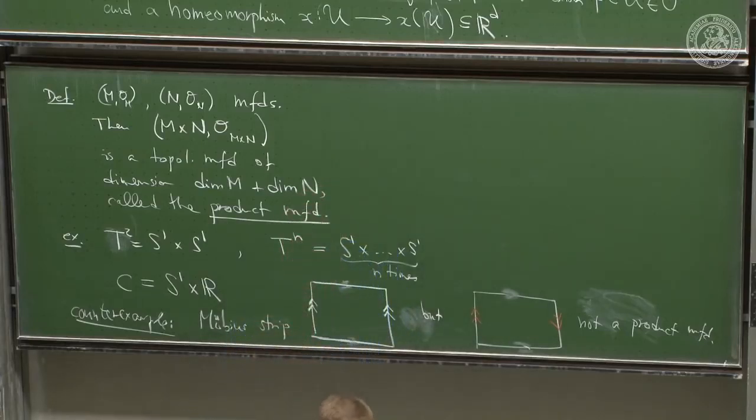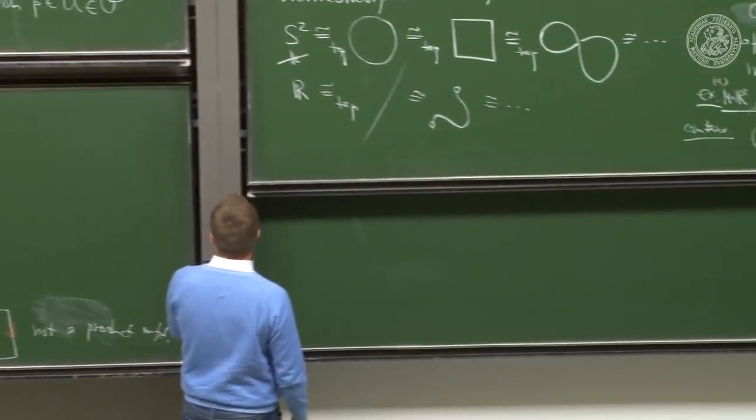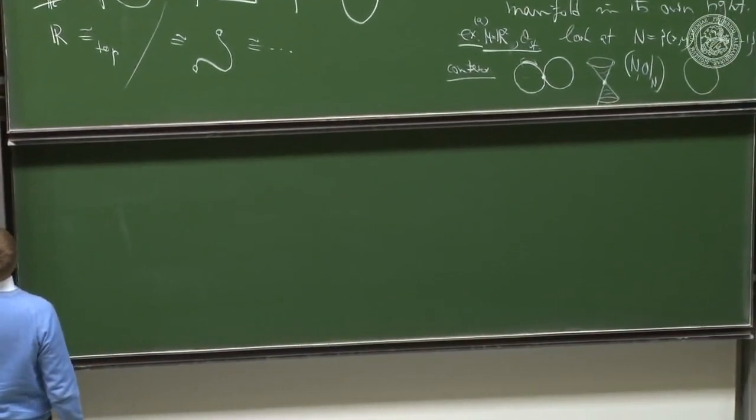Okay, and in order to get this idea formally clarified, we introduce a new concept as a kind of generalization of the idea of a product, and that's a bundle.